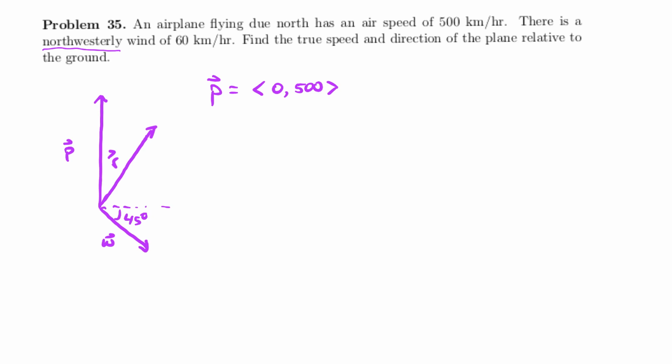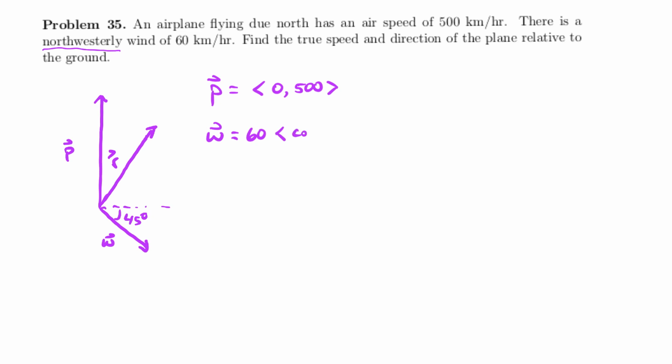So we have the velocity vector for the plane as just 0, 500. Then for the velocity vector for the wind, we know that it's got to have a magnitude of 60 kilometers per hour. But then how do we get the angle?